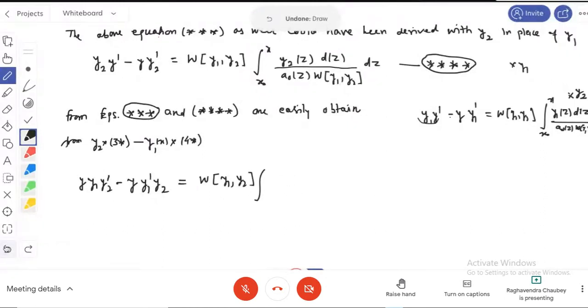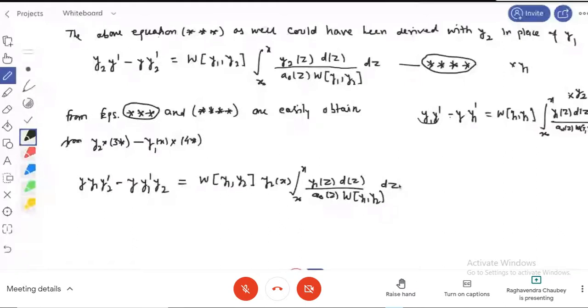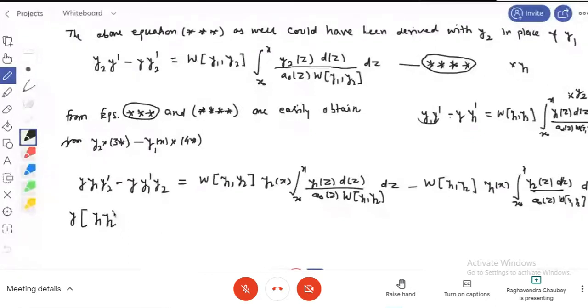So you can write this y2 minus dz. And here, if we take y common, this becomes y1 y2 prime minus y1 prime y2.